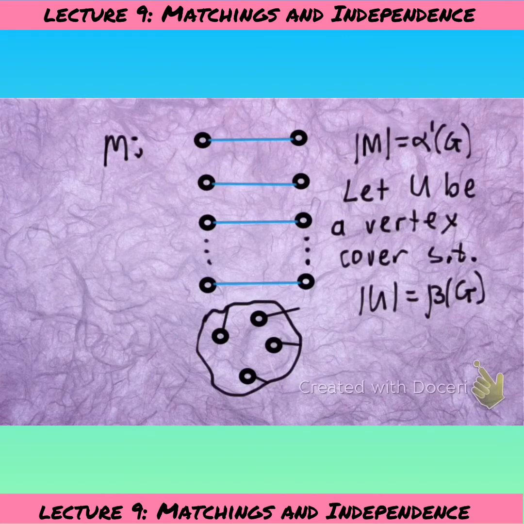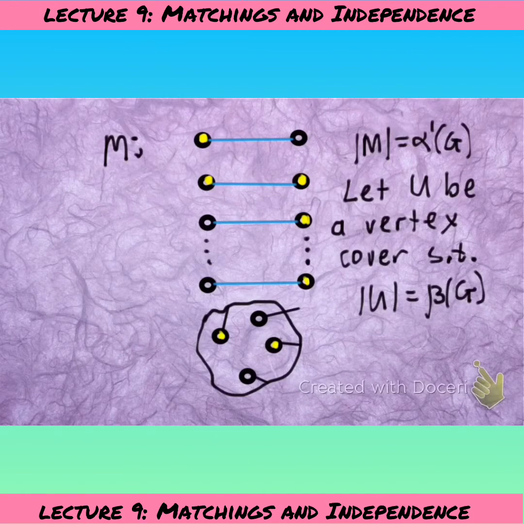Because U is a vertex cover, it means that this is a set of vertices that covers all the edges. So all these blue edges have to be covered, right? So this means that at least one end of each blue edge must be within U. So for each one of these edges we'll have at least one of its ends within U, right? Okay, so basically what is the implication of this?